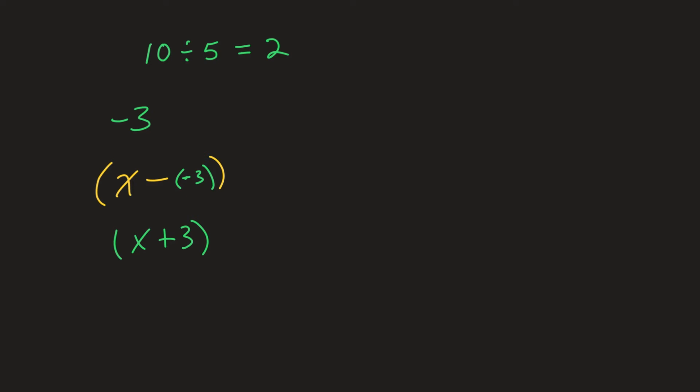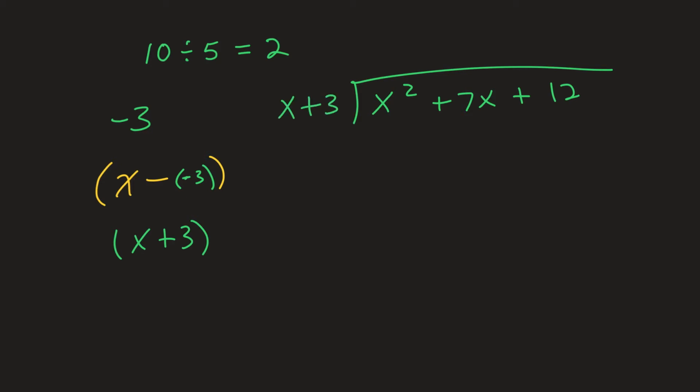So all I need to do is take my polynomial, x squared plus 7x plus 12, and divide it by x plus 3. And whatever I get as an answer, hopefully that's going to be x plus 4, because we already know that's what it is, will be the other factor.